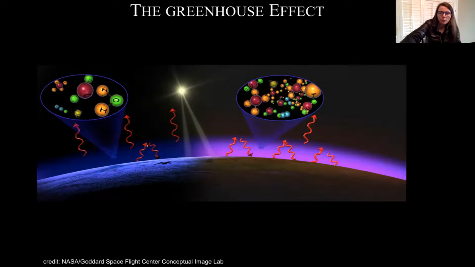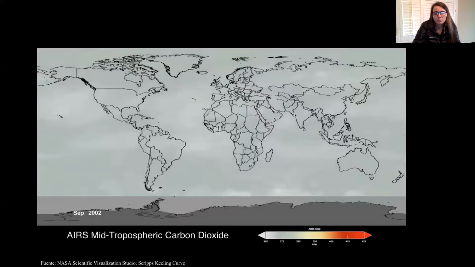And so that's really what we're following here is CO2. We're really trying to understand what are the concentrations of CO2 and what are the roles of the different components of our Earth's environment in terms of taking up and releasing CO2.